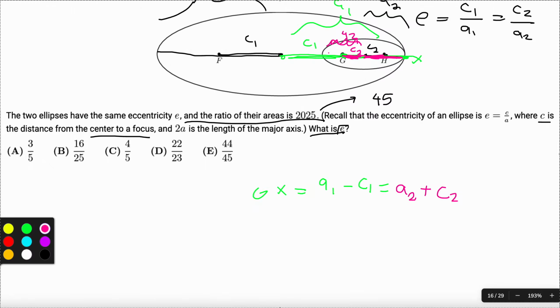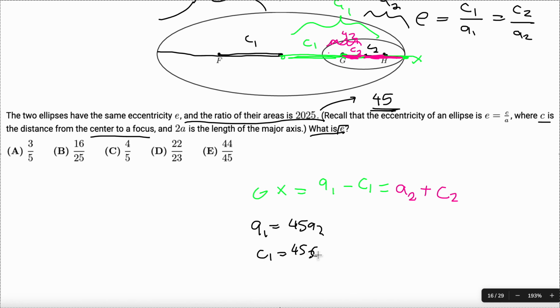But we also know that because the ratio of their areas is 20/25, the ratio of their side lengths is 4/5, so A1 equals 5/4 A2 and C1 equals 5/4 C2, because that's just the ratios of their specific lengths. It's not technically a side length, but it's still a length inside of this shape, so we can still use the ratio.